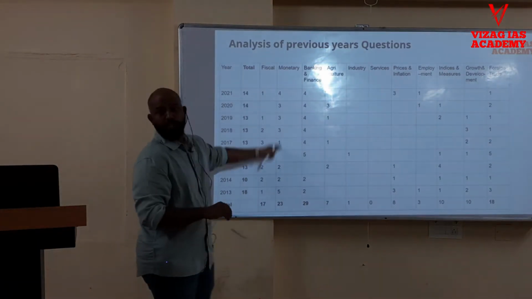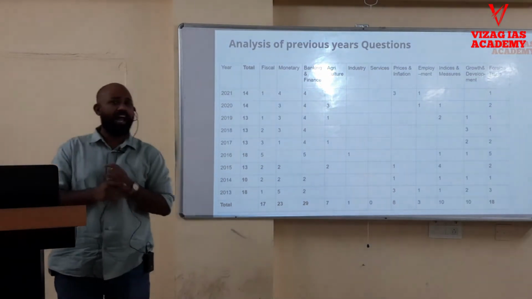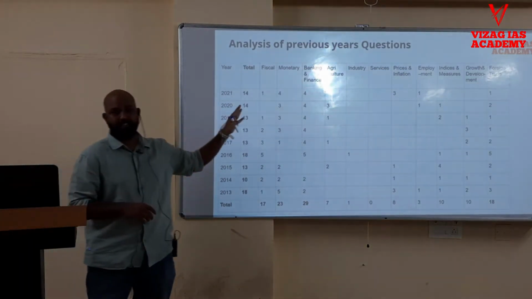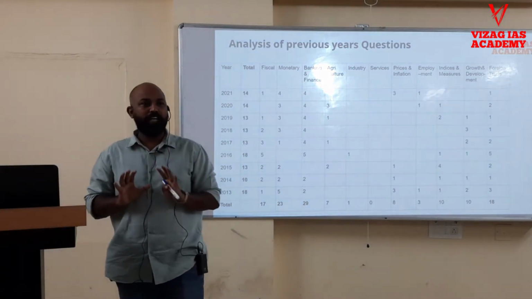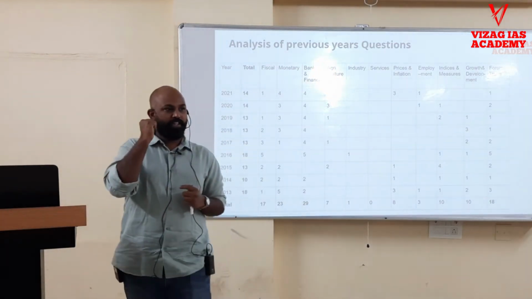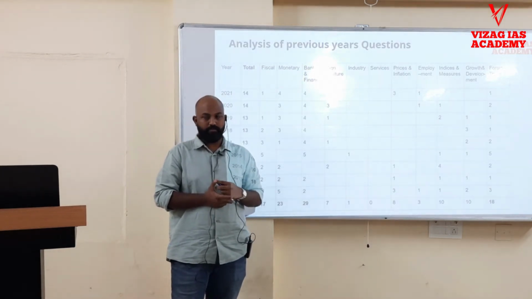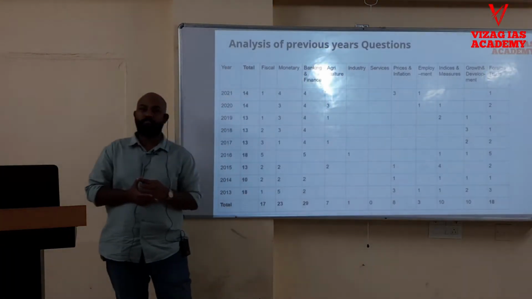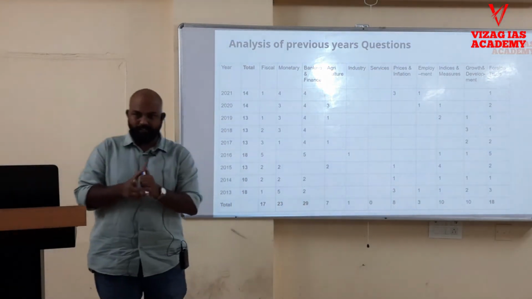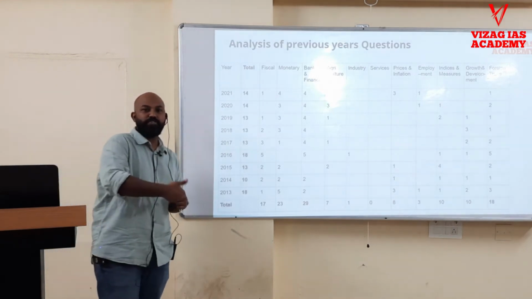Then the second one is monetary. One definite question that you're going to have is on monetary policy, and it is one of the easiest areas. How does RBI ensure? What does RBI ensure? What is the goal of RBI? Maintain inflation, but instead of saying maintain inflation, you say price stability.